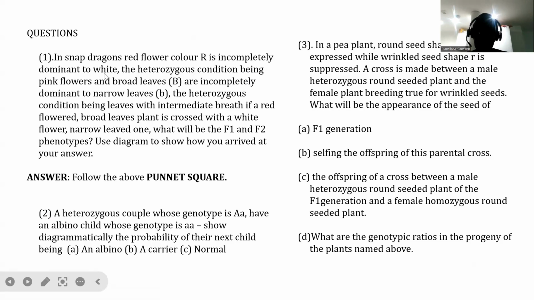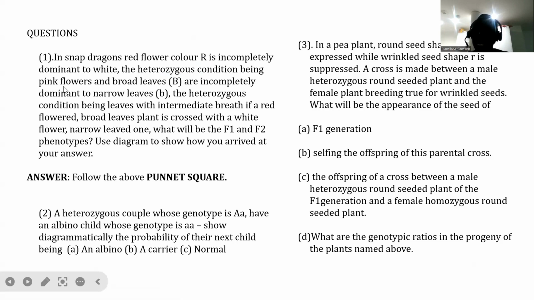So this question will tell you now: red is incompletely dominant to white. The heterozygous condition, meaning when you have capital letter R and small letter r, where small letter r will be for white. So when you have capital letter R and small letter r, automatically, that is the heterozygous condition. You now said it is going to give you a pink flower. Now, the heterozygous condition has given you a new color.